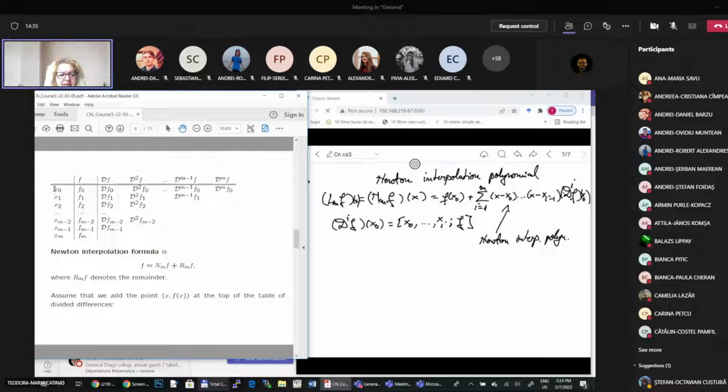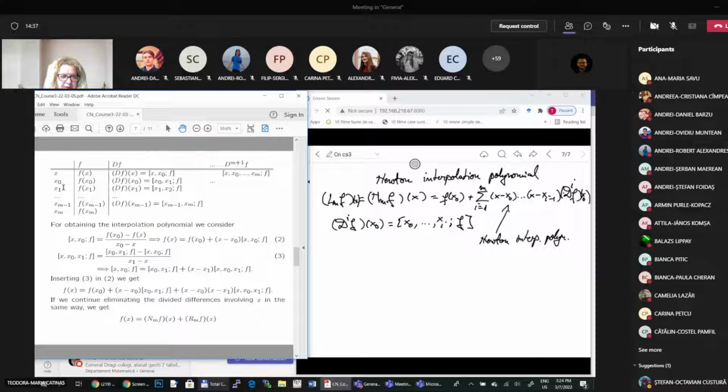We add a point at the beginning. So for the first element, we consider the point x where we want to approximate the function. We add x and then we put the other given points.